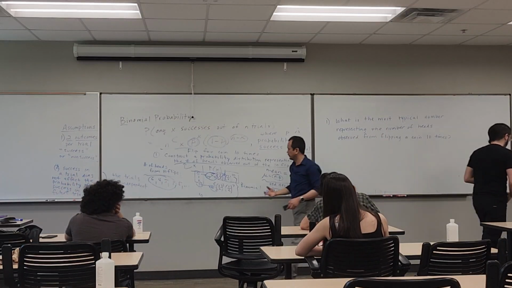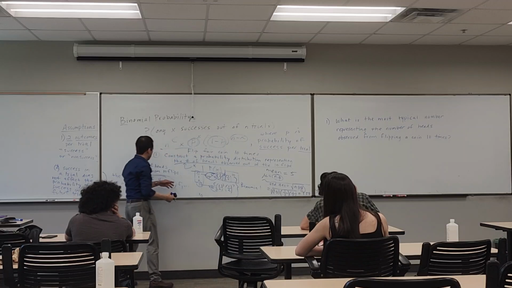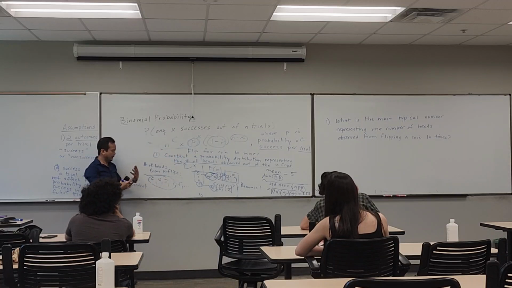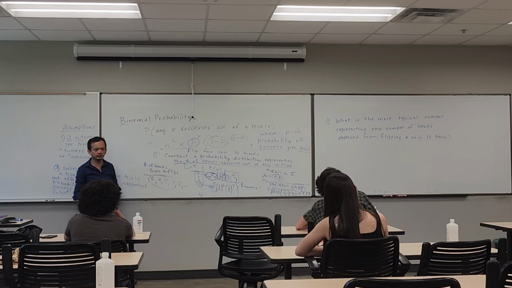You flip a fair coin 10 times, and you might observe a different number of heads each time, but what is the most typical number of heads that you should expect to observe from flipping a fair coin 10 times? Yeah, it's 5, very good.